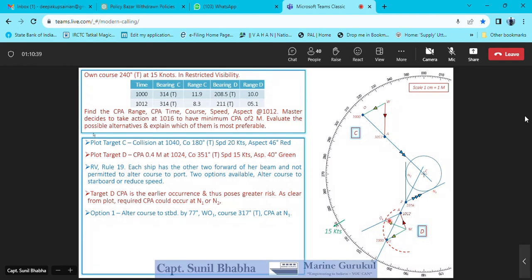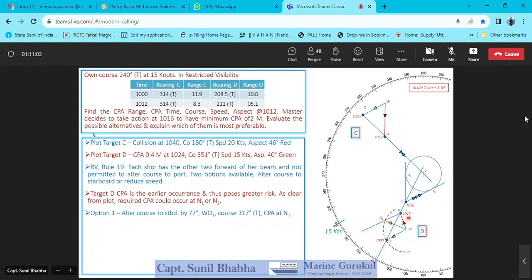Now we align our parallel ruler or set square or sliding ruler to W Oscar 1 and measure this course using the plotting sheet as a compass rose. We measure the course, and this comes to a course of 317 degrees true.